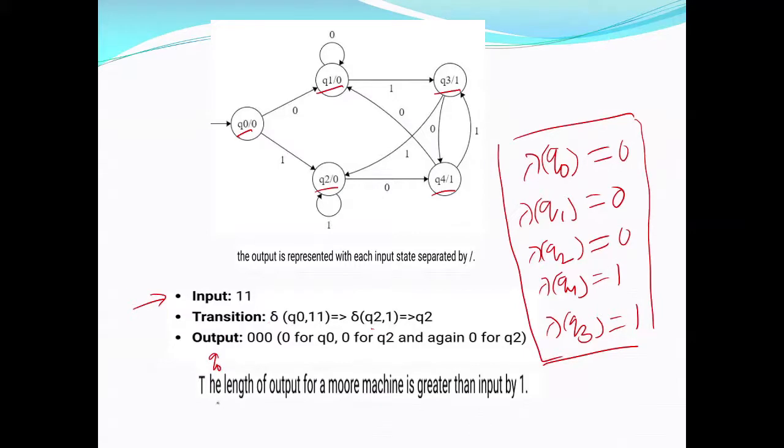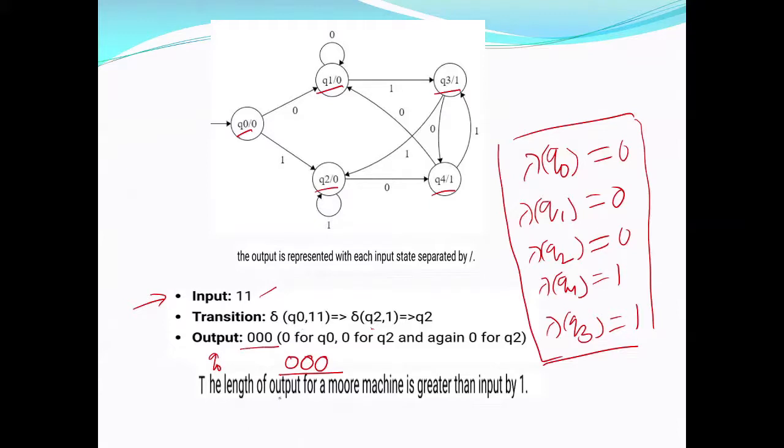What is that output? 0, because for Q0 the output is 0. Now from Q0 on 1 it goes to Q2. When it enters Q2 it gives the output of Q2, which is 0. Then Q2 on 1 goes to Q2, and the output of Q2 is 0. So for the input 1 1, the output is 0 0 0.